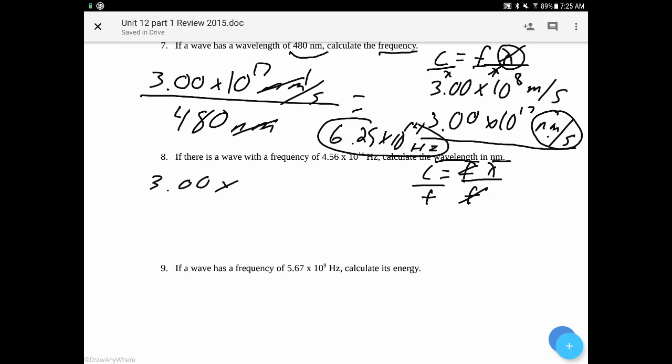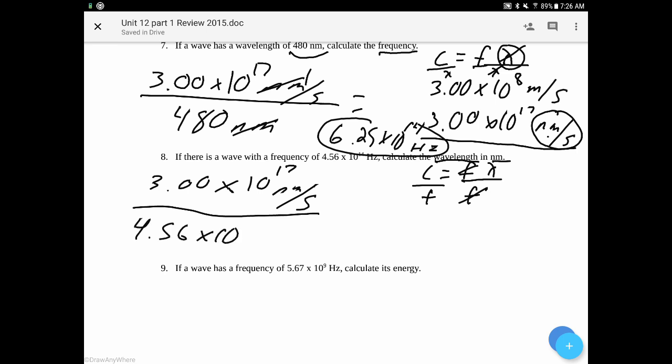So 3.00 times 10 to the 17th nanometers per second, divided by our frequency, which is 4.56 times 10 to the 14th hertz.